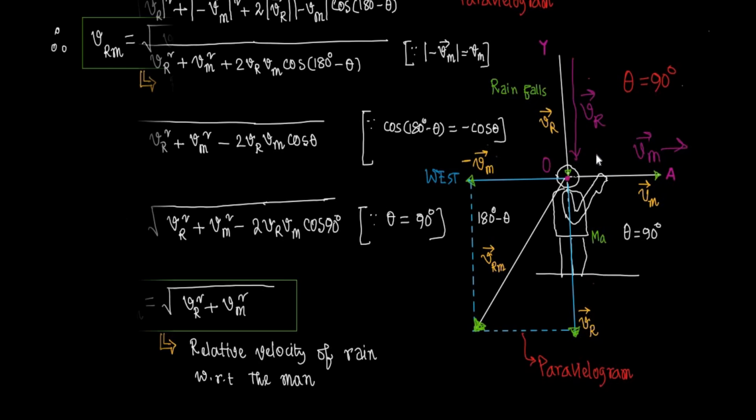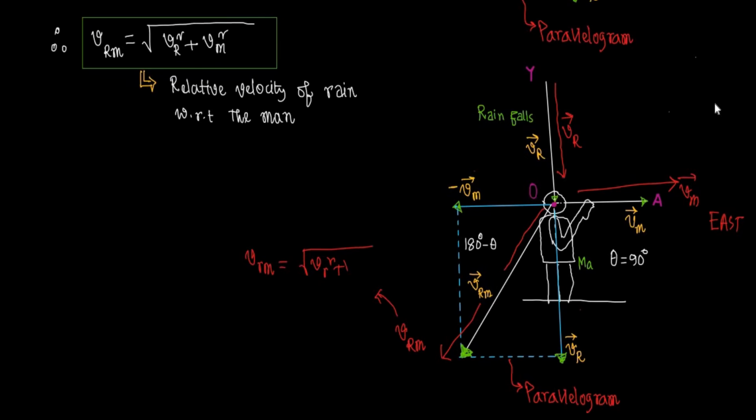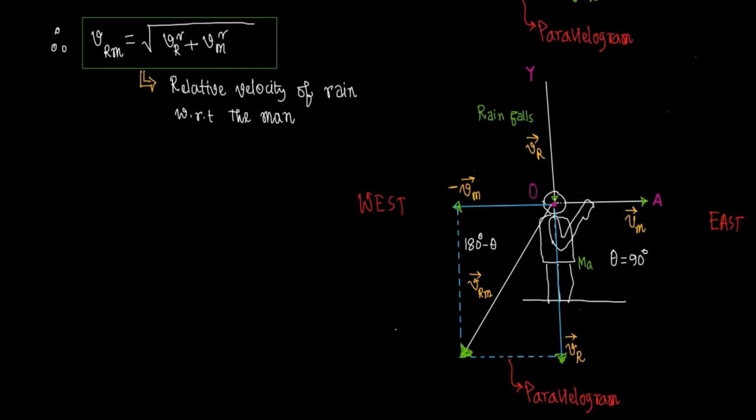In the diagram, rain will appear to fall from this direction with the velocity VRM. It should be capital V RM, and the relative velocity of rain should be denoted by V capital RM.